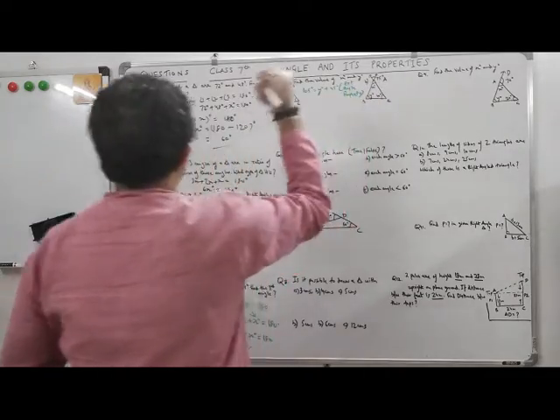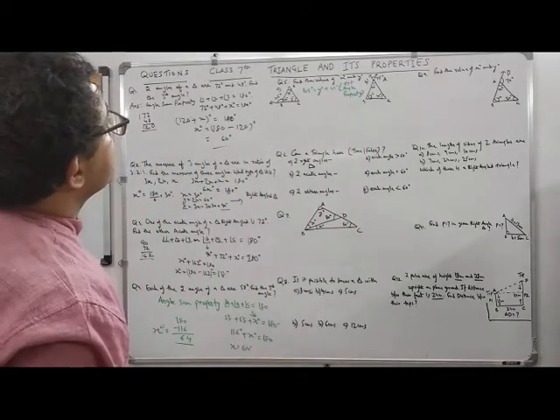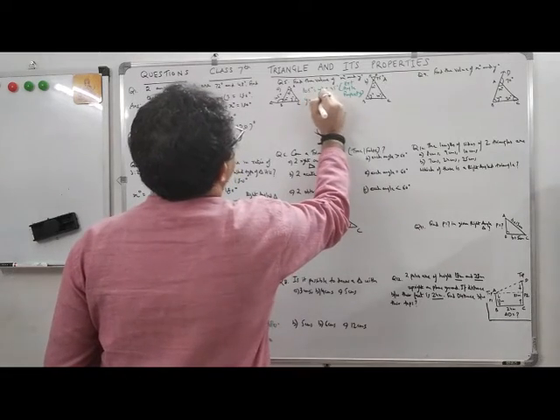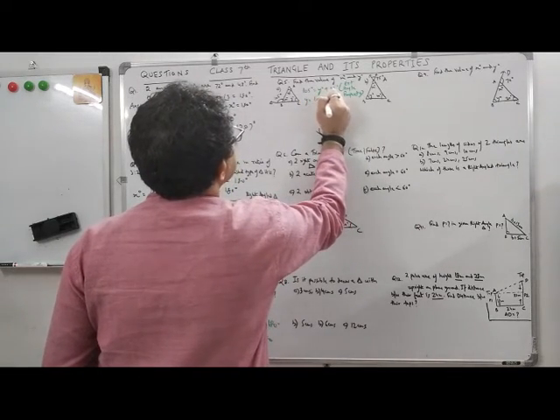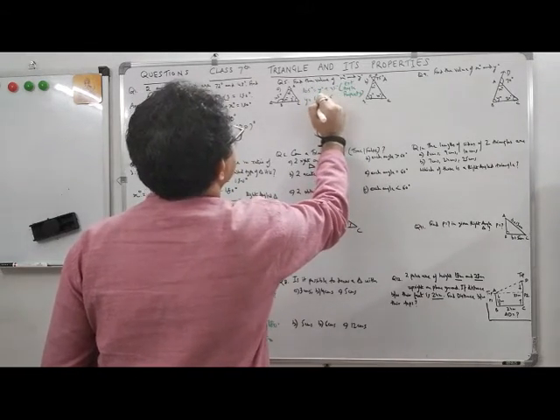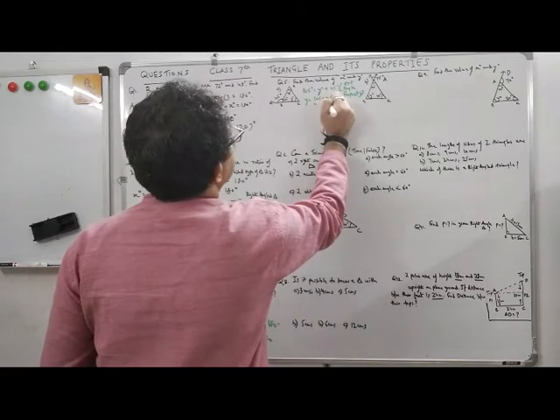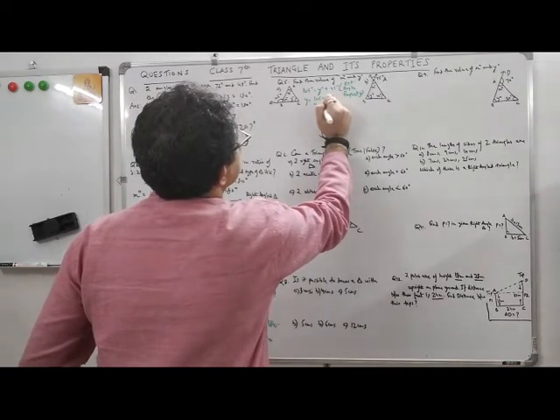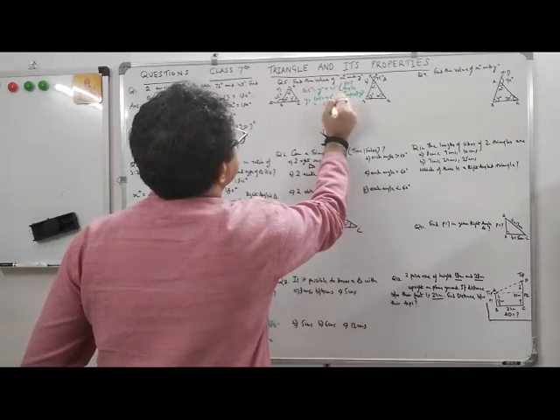So by this, what you will get? You will get y. So y will be 105 minus 45, which is how much? 60 degrees. y is 60.